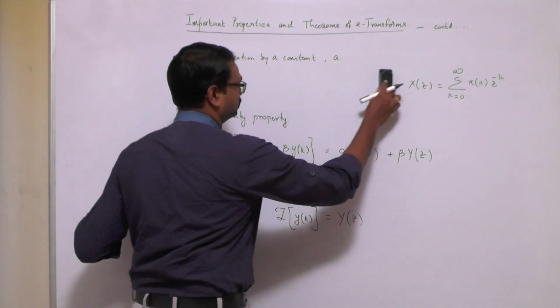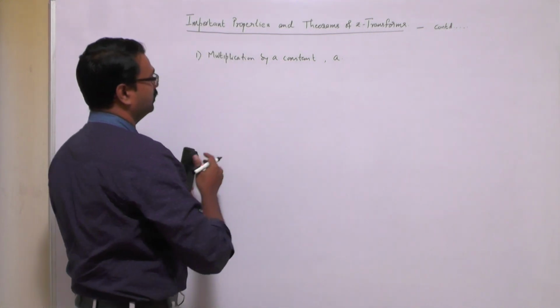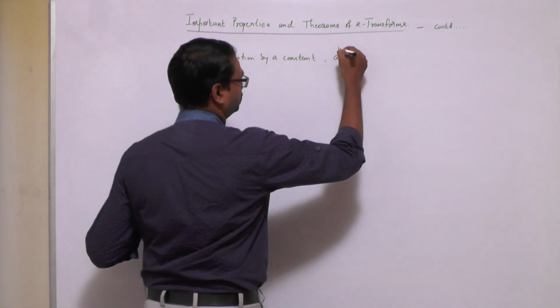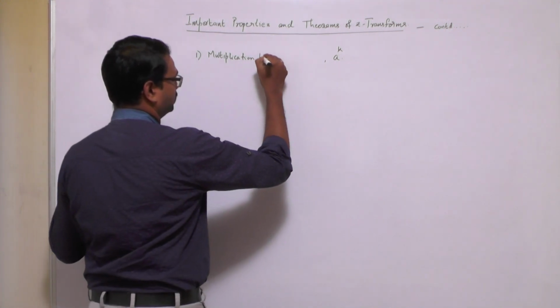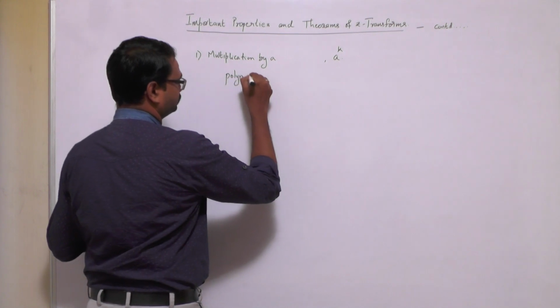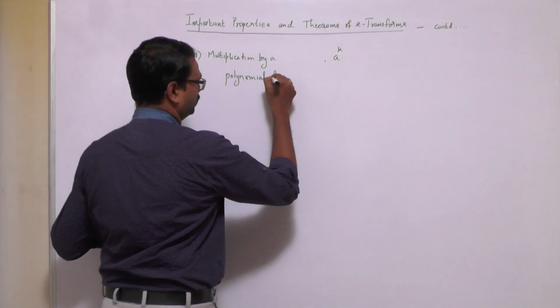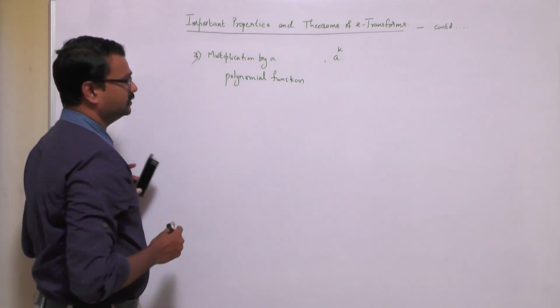Now we will also see multiplication by a polynomial function. We have already seen this yesterday. That is our third one.